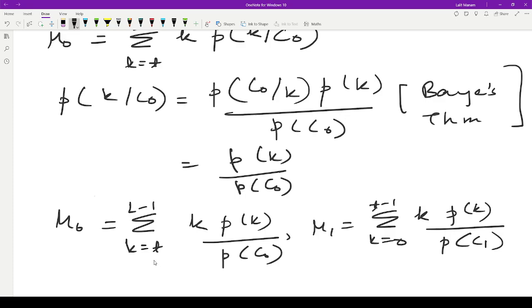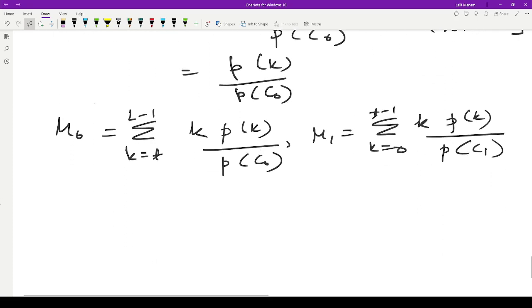Okay, so what is mu t now? Mu t is the mean intensity value over all the intensities. Yes.